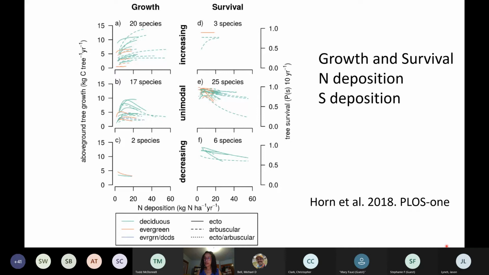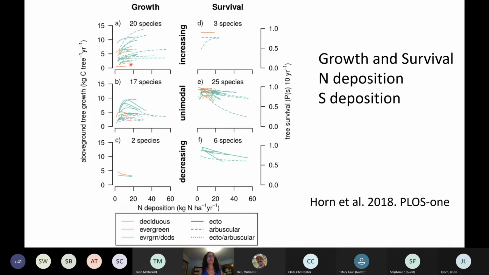Okay, so in the analysis, we were able to generate response curves to deposition by species, and the curves quantify how growth is correlated to nitrogen, or how survival is correlated to nitrogen. There are obviously similar curves for sulfur. And so you can see that they're different kinds of shapes.